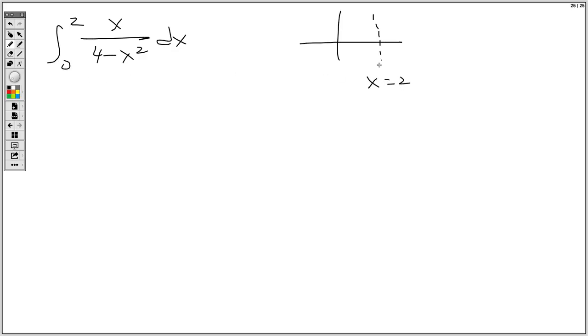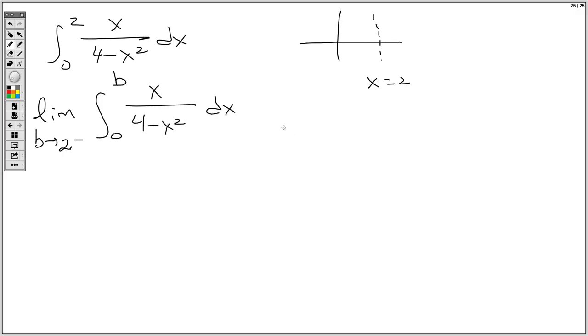We've got a vertical asymptote here at 2. And so we're going to have to investigate this integral by looking at the limit as b goes to 2 from the left of the integral from 0 to b of x divided by 4 minus x squared dx. Once again, we're going from 0 out to some value b, and then pushing that b over to 2 from the left-hand side.